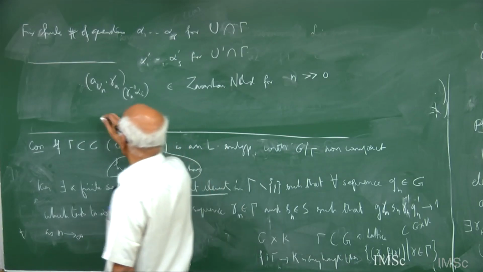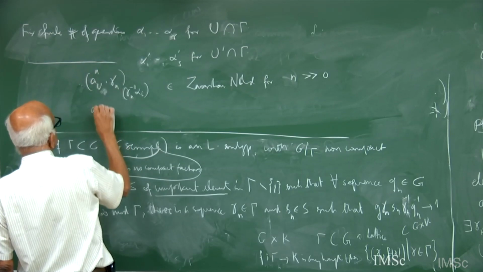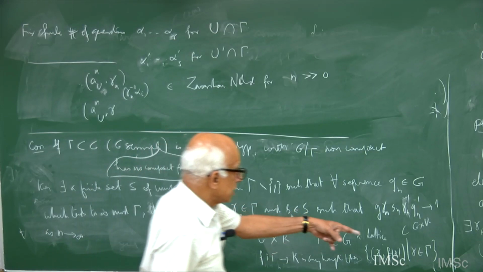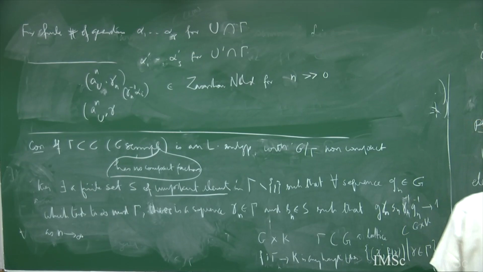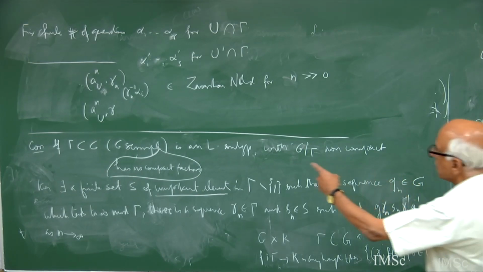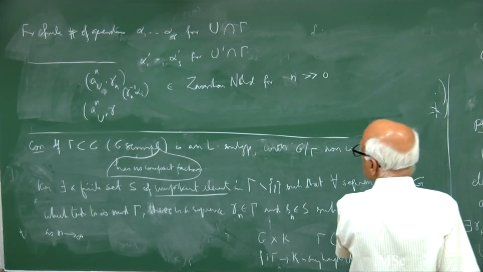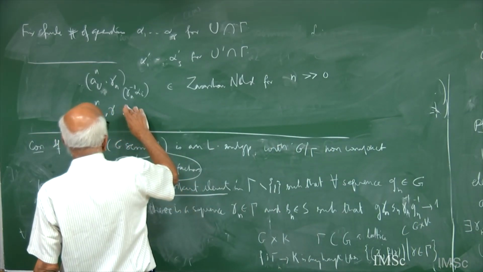And similarly, A^n U' γ_n' of γ_n inverse β_j. I should have said here that γ_n actually was A^n U_1 γ_n inverse α_i, right?